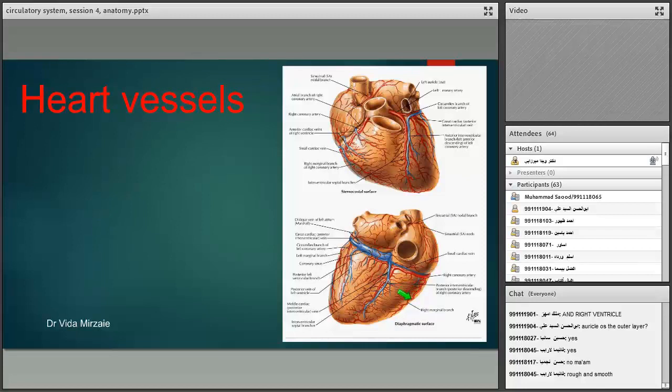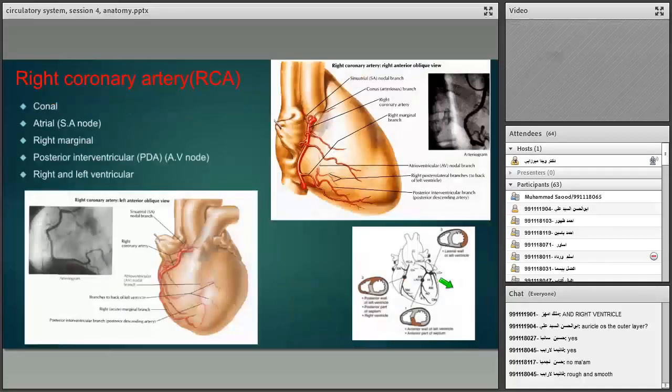After the right marginal branch, the right coronary artery will come into the inferior surface of the heart, and the last branch is the posterior interventricular branch of the right coronary artery. Posterior interventricular. Look at here, we can see this branch in this part.